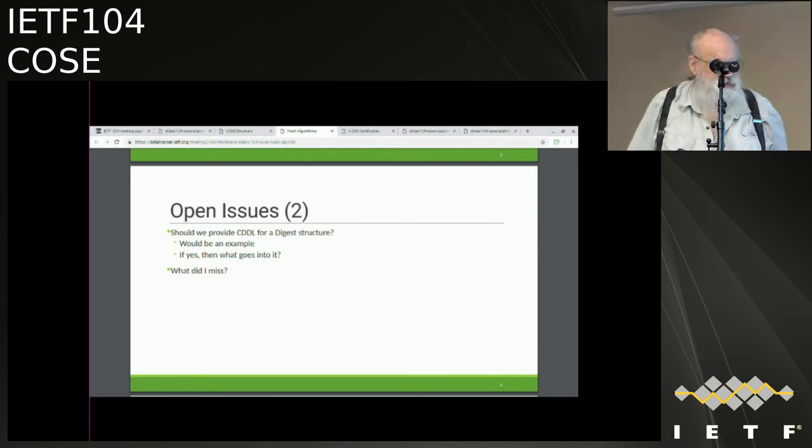Okay, mirroring something that people know from the ASN.1 world and saying this is how you would do that in the COSE world, I think that's a good criterion for choosing an example. Okay. I'll put one in and we'll see whether people object.